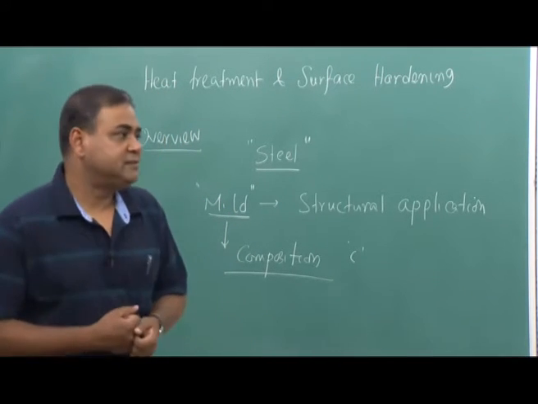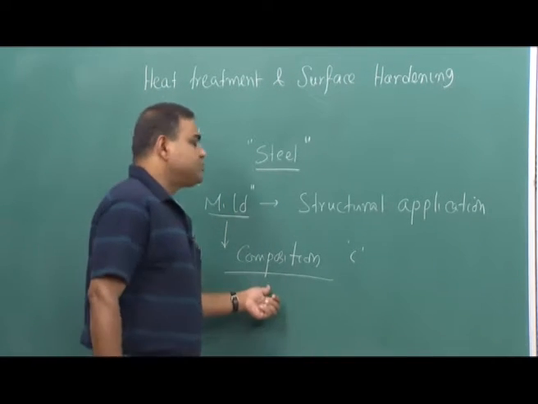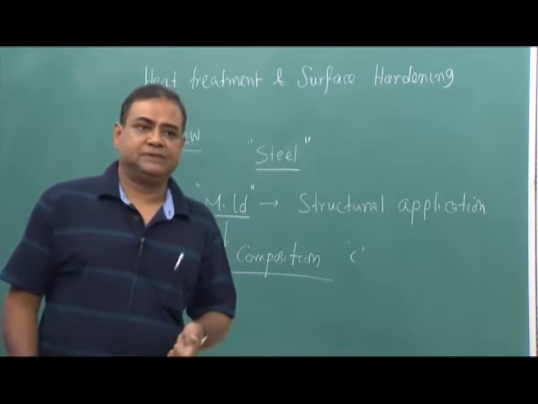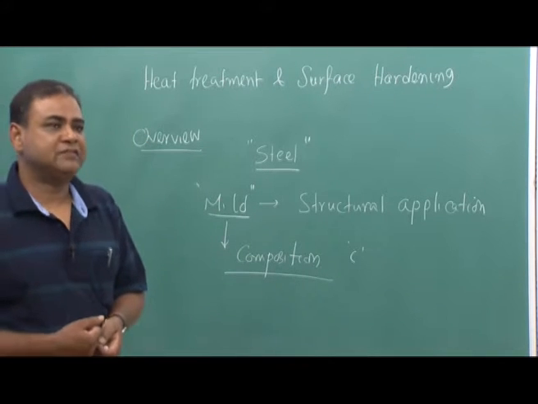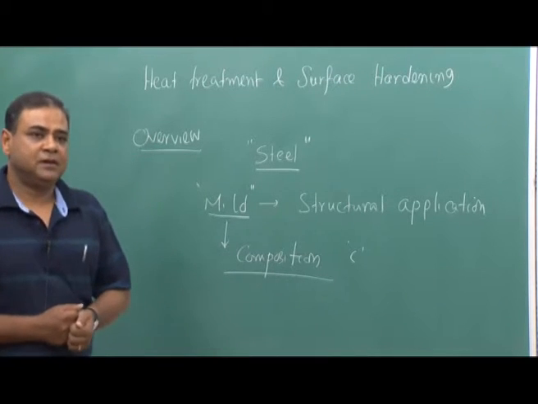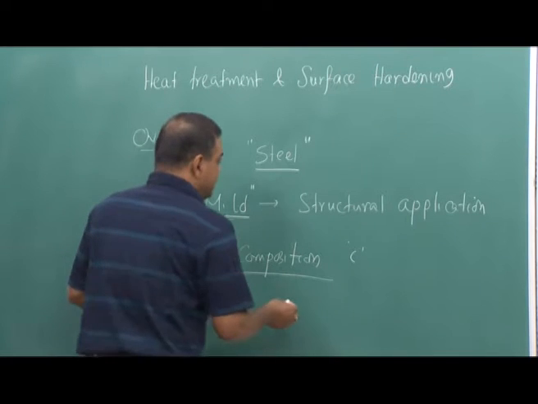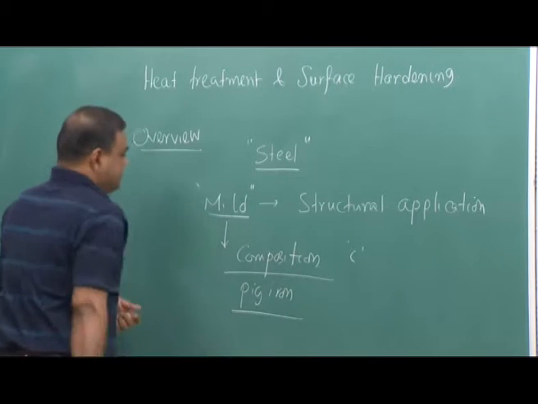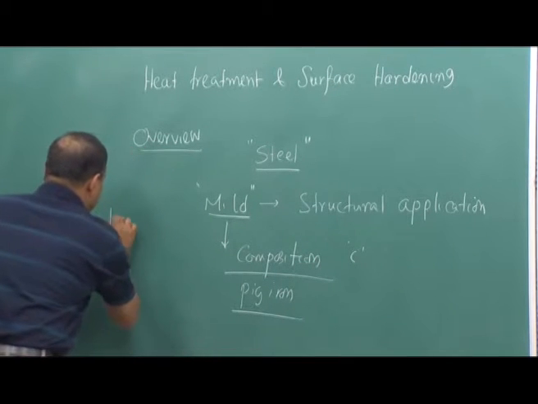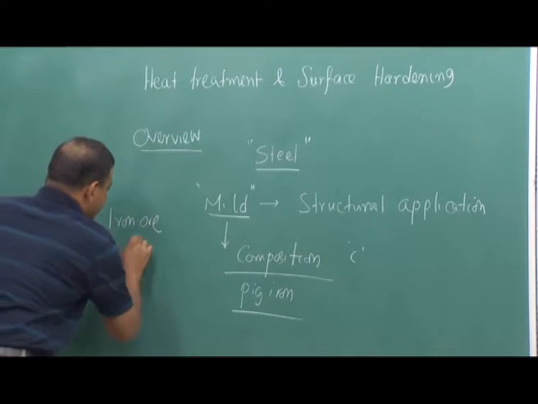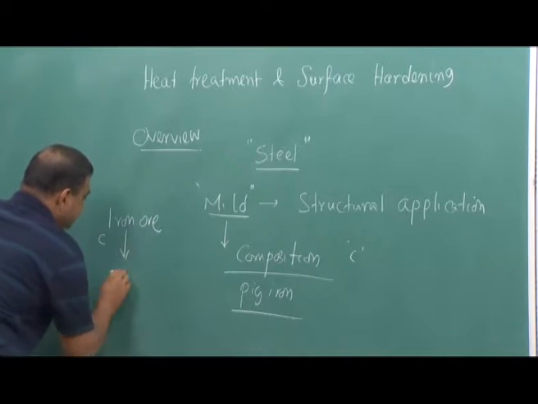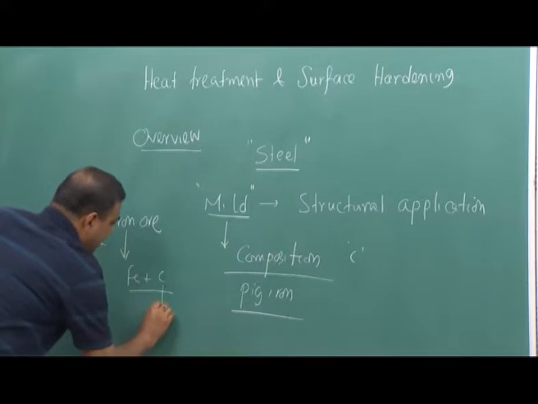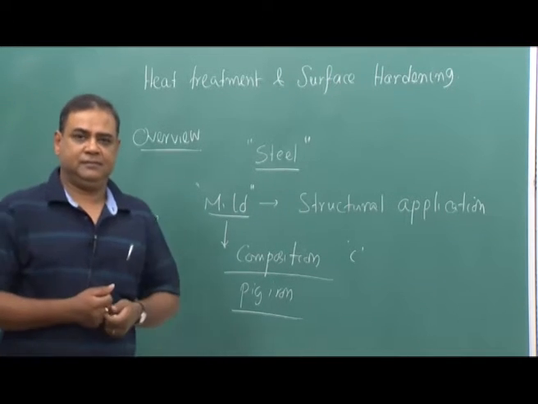Once we reduce, because that carbon is used during reduction, which is very popularly known as the blast furnace process, the product is nothing but pig iron. This pig iron comes from iron ore and reduction by carbon, so you are getting iron plus carbon, and this carbon content would be very high.